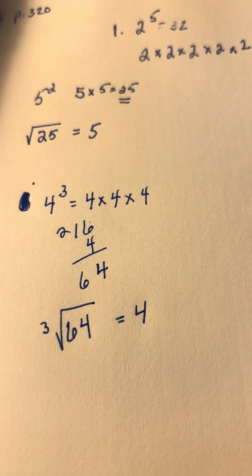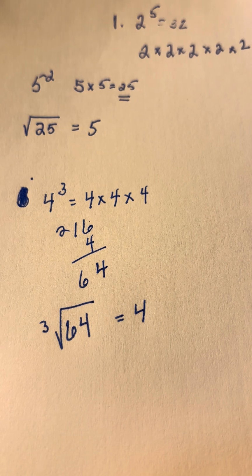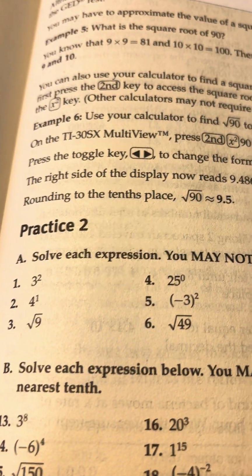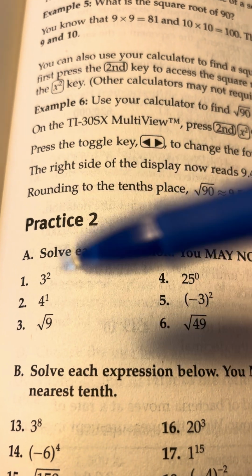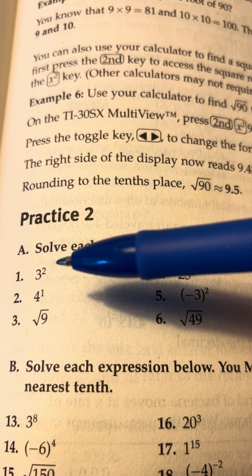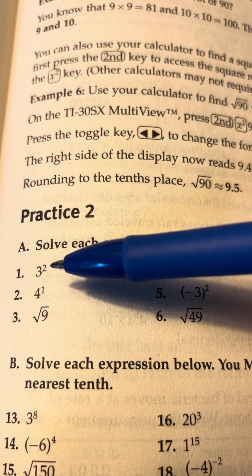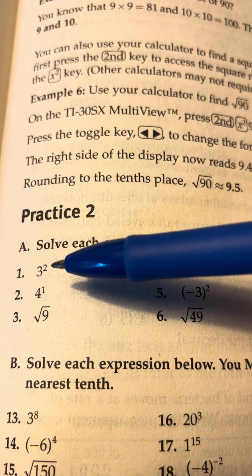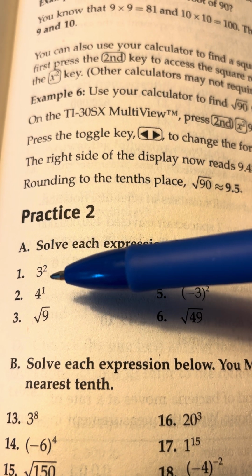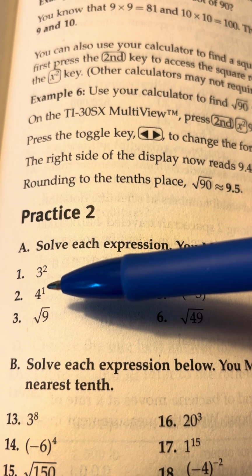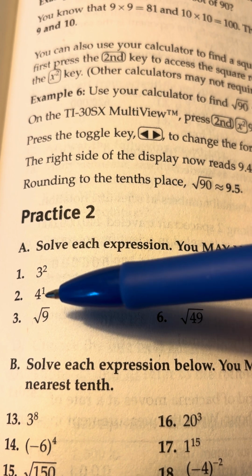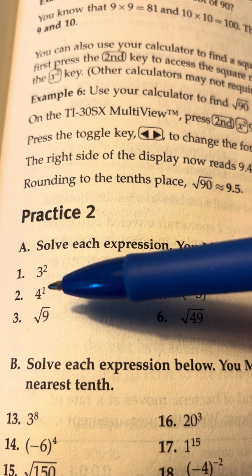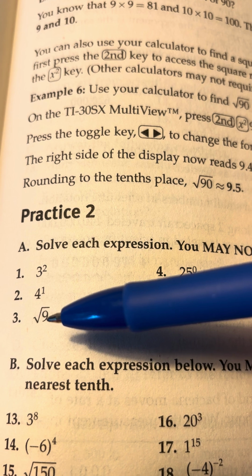So let's look at some of the practice problems and see what we have. All right, number 1 here, we have 3 squared. So that means 3 times 3, 9. Here we have 4 to the 1st power. Anything to the 1st power is just itself, 4. Here we have the square root of 9.